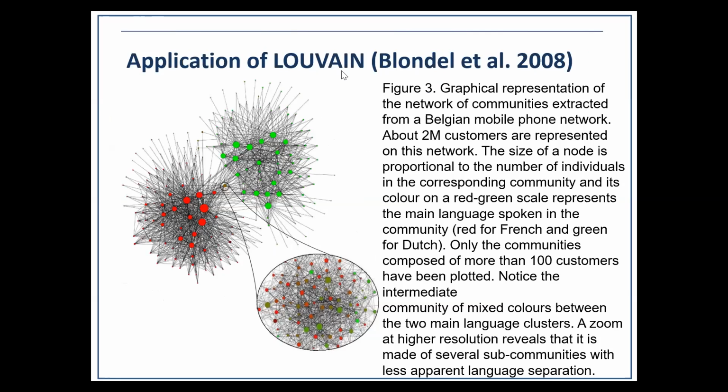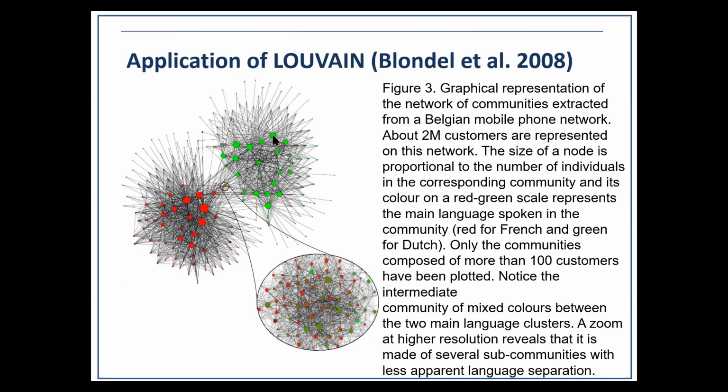Blondel and colleagues applied the Louvain method, which is based on modularity, to a telephone network in Belgium, a Belgian mobile phone network. They had 2 million customers, okay? And as you know, in Belgium, they speak mainly 2 languages, French and Dutch. Of course, they speak other languages as well, but mainly those 2 languages. They built this network in the following way: nodes are customers.